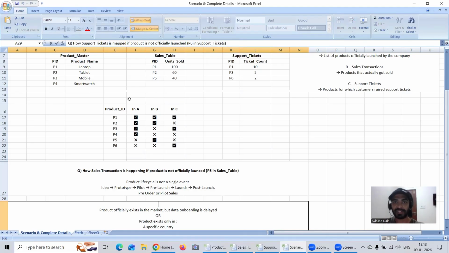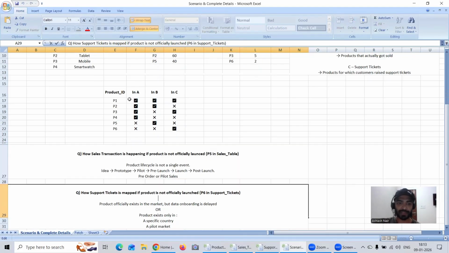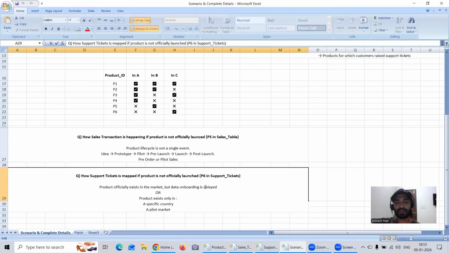But the product was there and some support tickets were coming up. That could be the reason: in data onboarding, the product table for some reason didn't get mapped, maybe because of the short number of days. Maybe they wanted to wait 20 days and have the product table looked at on a fresh basis, but during those 20 days, some support tickets came up.